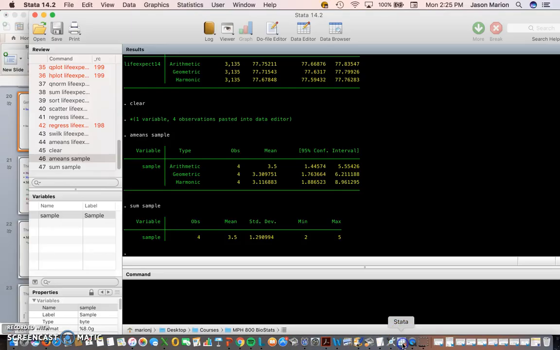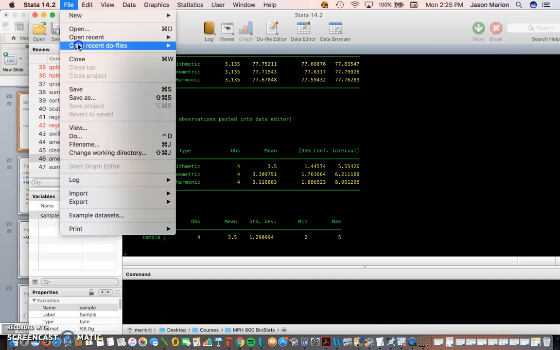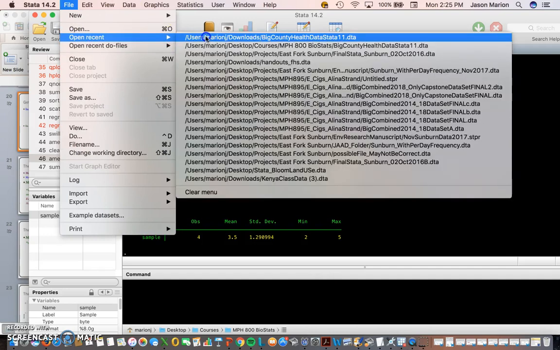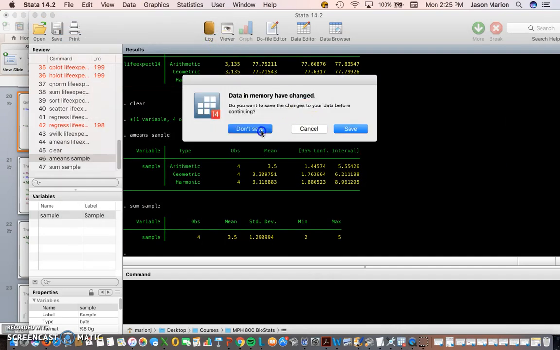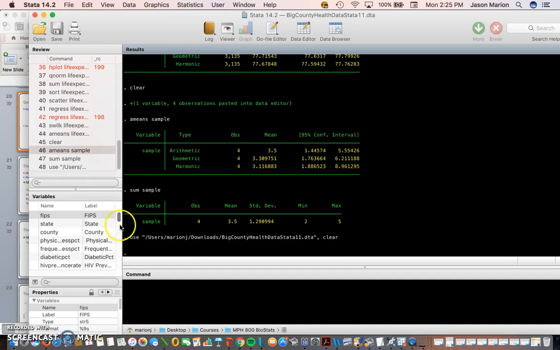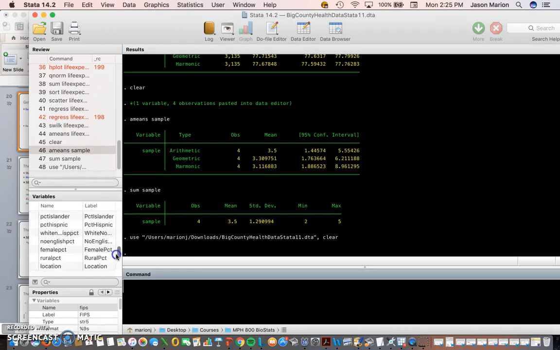In Stata, I'll open up one of our recent files, like the Big County Health data set, and maybe we're interested in getting the median for life expectancy for the United States. So what's the middle value among all the counties when you rank them from lowest to highest?